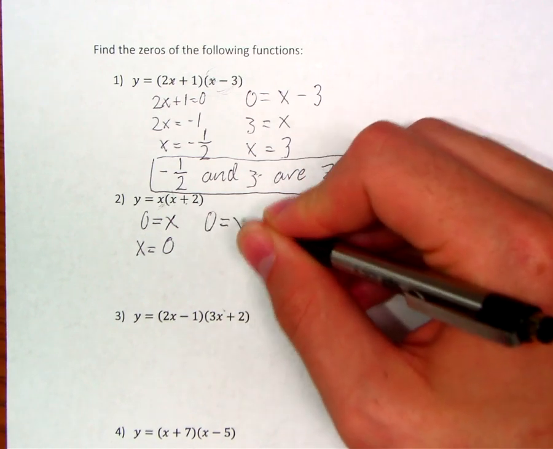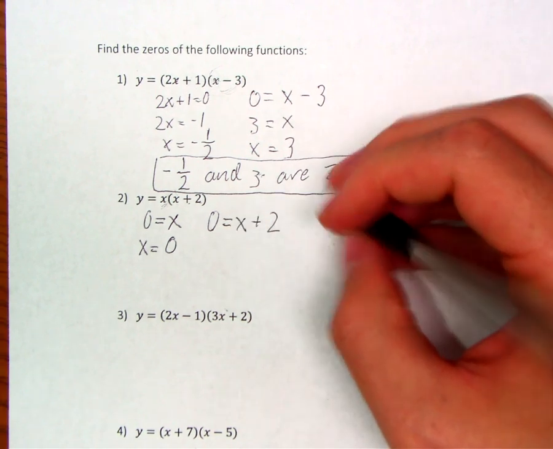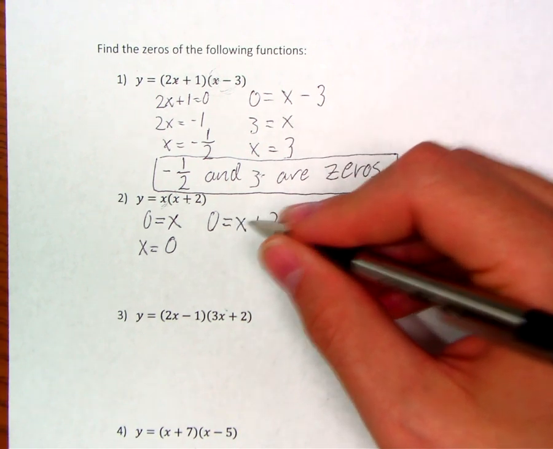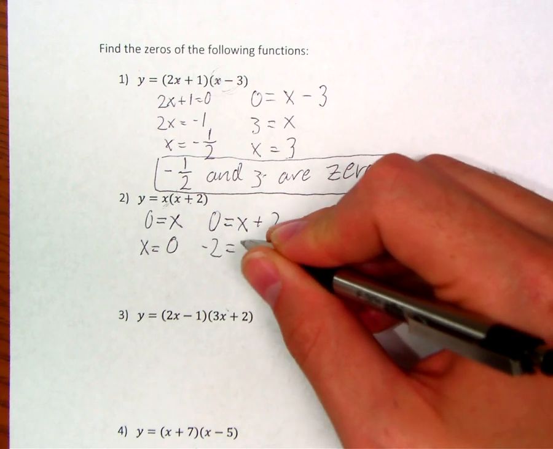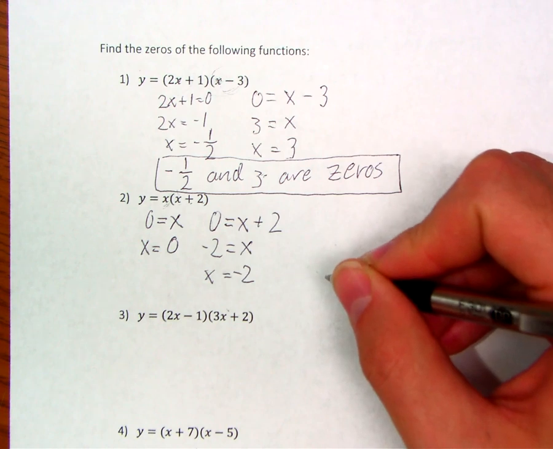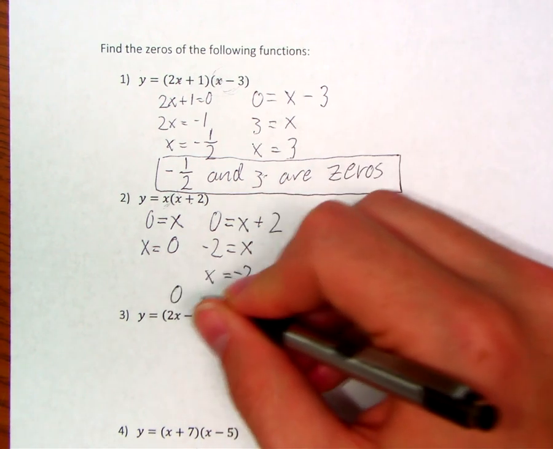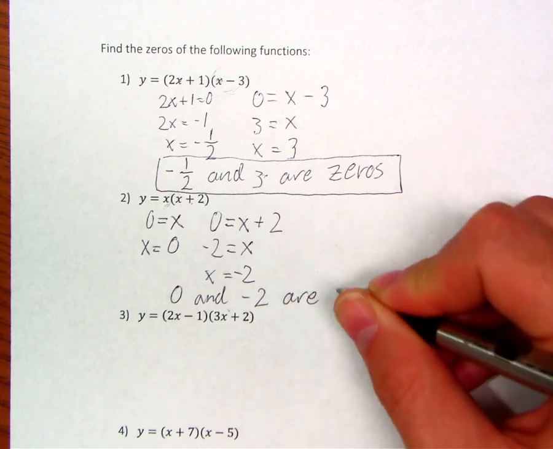Let me set the second linear equation equal to 0. 0 is x plus 2. What does x have to equal? Well, I'll subtract 2 from both sides, and x is equal to negative 2. So what we found here is that 0 and negative 2 are zeros.